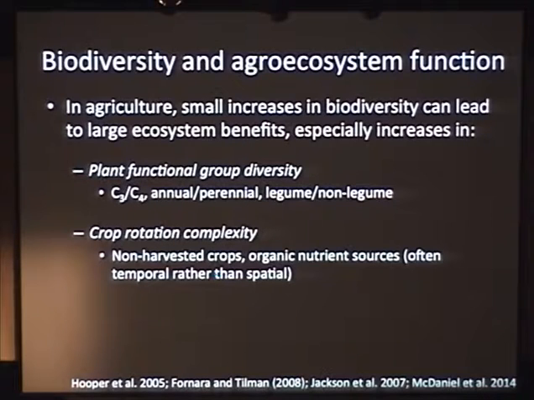But what I'll also argue is that in the context of managed ecosystems, diversity often happens in time rather than in space. So we can think about increasing diversity temporally through crop rotation, and particularly through practices like non-harvested crops or organic nutrient sources that lead to a buildup of soil organic matter and a range of associated functions.